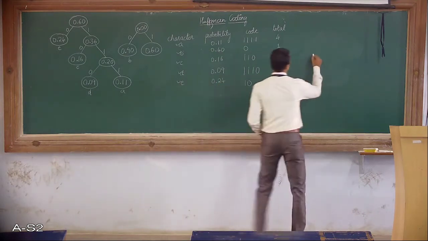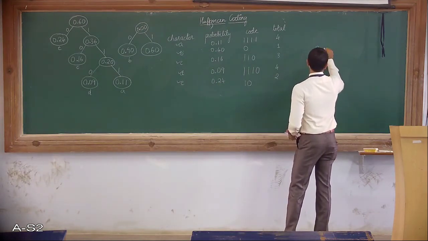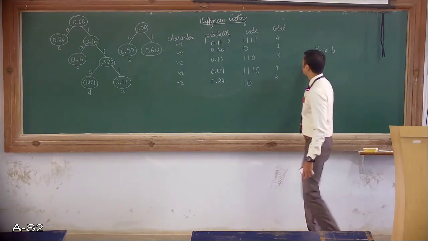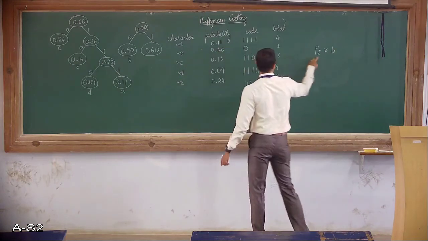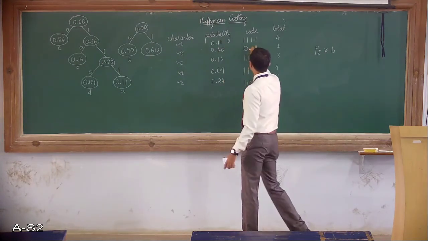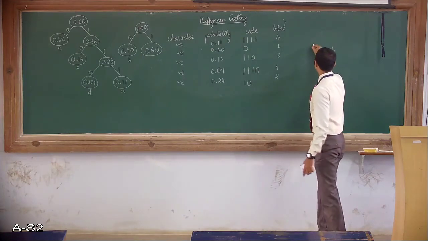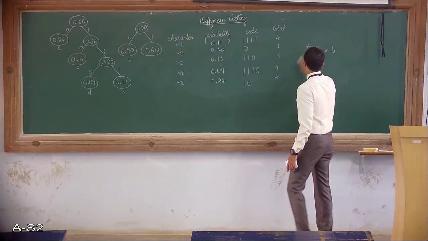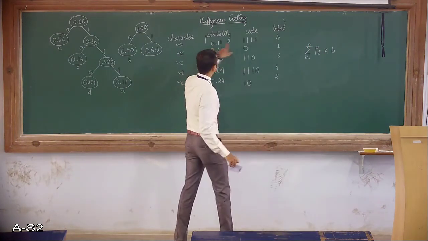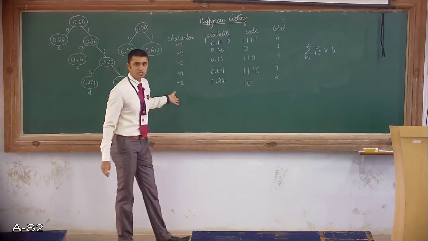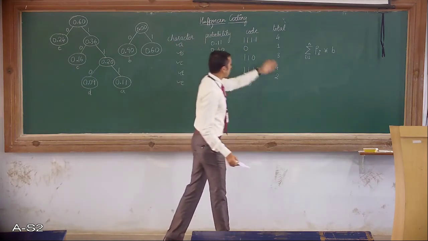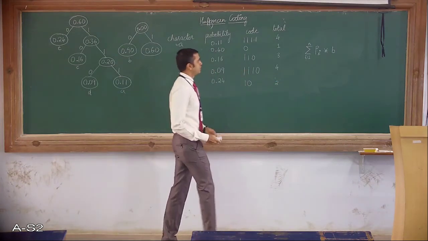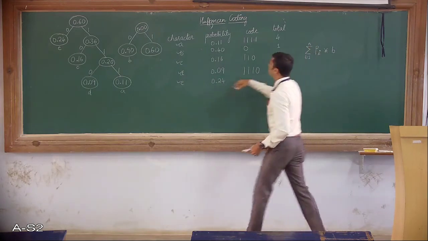So how do I do it? Probability multiplied by the number of bits: probability of this character multiplied by the number of bits. So summation of i equals 1 to n. 1 to n means 1 to 5.